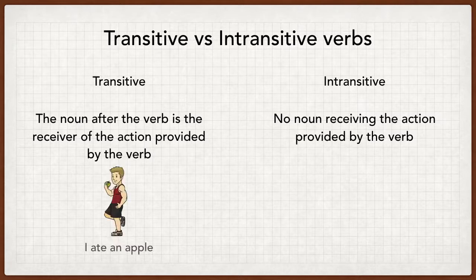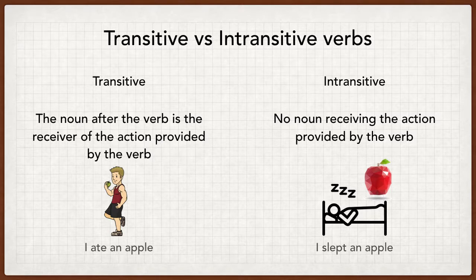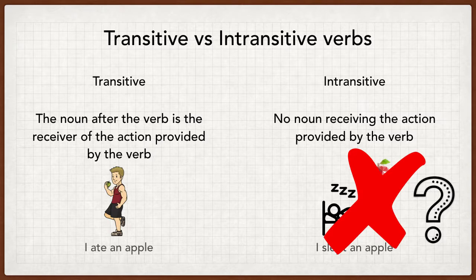So, for example, I ate an apple is a normal sentence, it makes sense, it's good. But, for example, I slept an apple is like what? It doesn't make any sense. So, therefore, it is not a transitive verb, it is an intransitive verb.